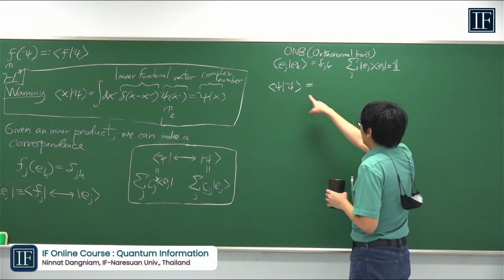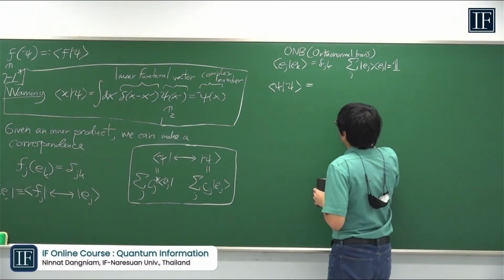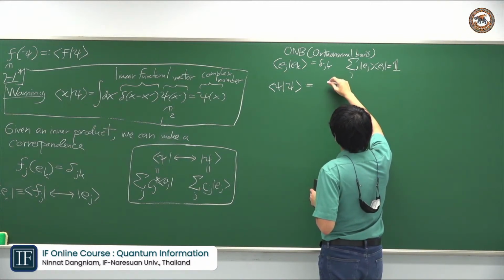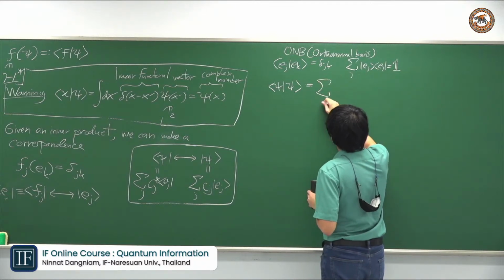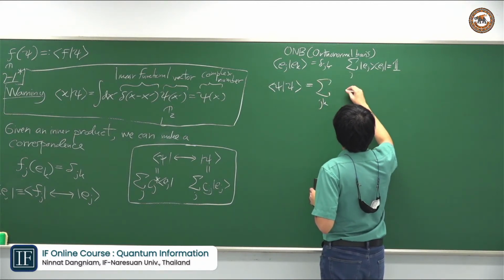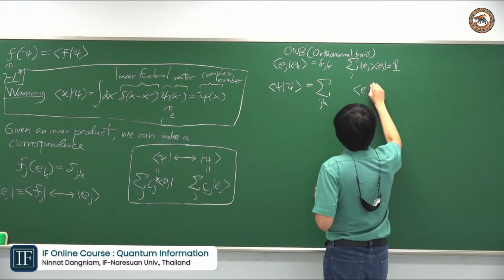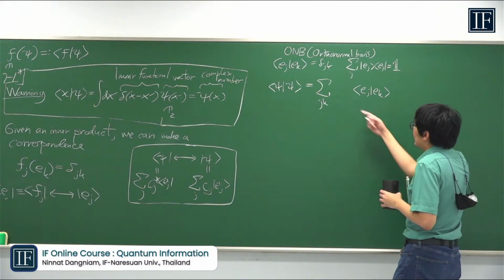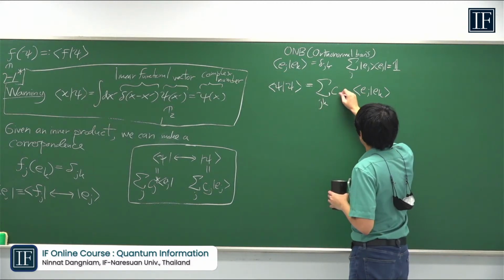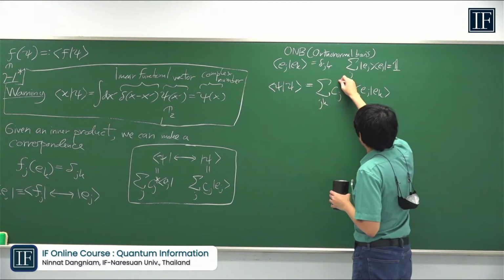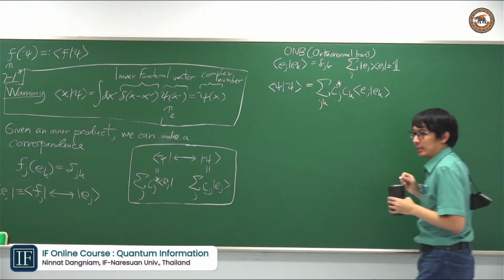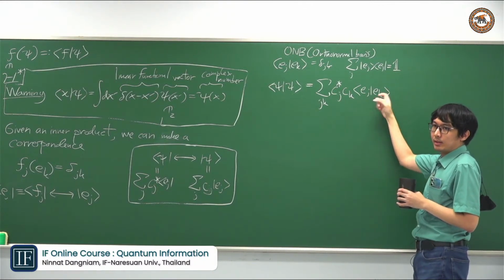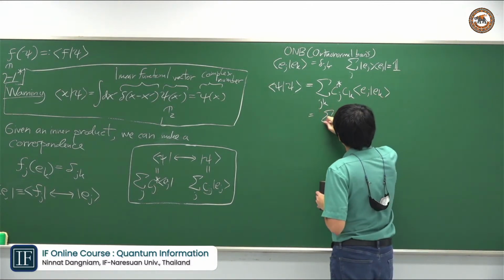But here in the orthonormal basis, what is this guy? Let's just do it. If the expansion coefficient of this is just some c, and then here I put the complex conjugate, then this turns into a Kronecker delta, so we get rid of one of the sums.